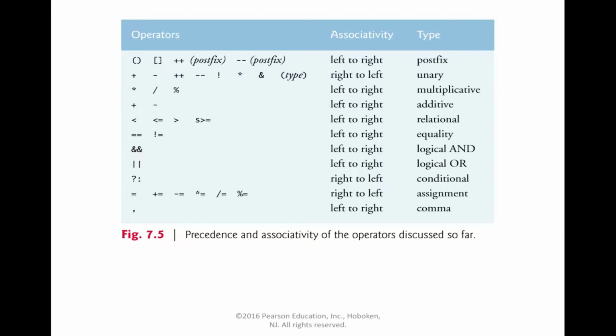Then not, then address of and the dereference operation. Multiplication, division, and modulus, addition, subtraction, all your relational operators, all your equality operators, and, or, conditional, your assignments, and then of course any commas.